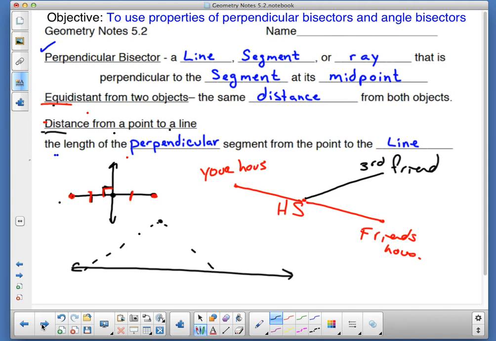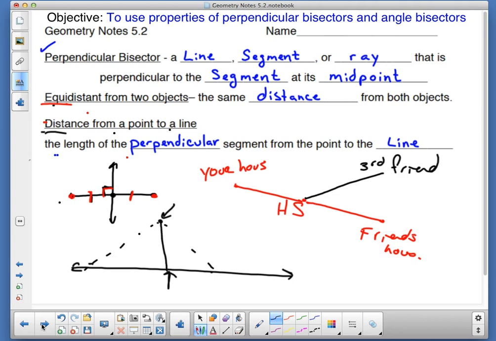If I was going to have you run from this point, touch that sidewalk, wall, street, whatever, and come back, what direction would you be actually taking? If I just told you, hey, you got to run from here to there, come back, would you take as long as you could? Or the shortest distance between two points?